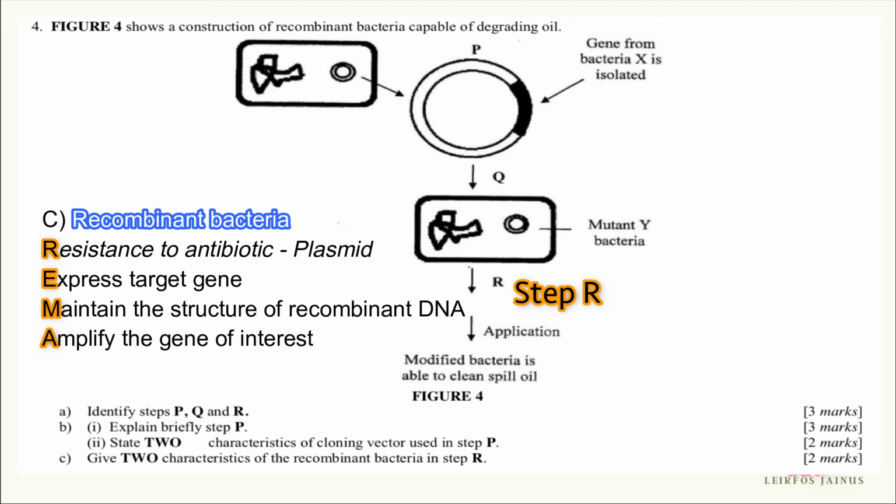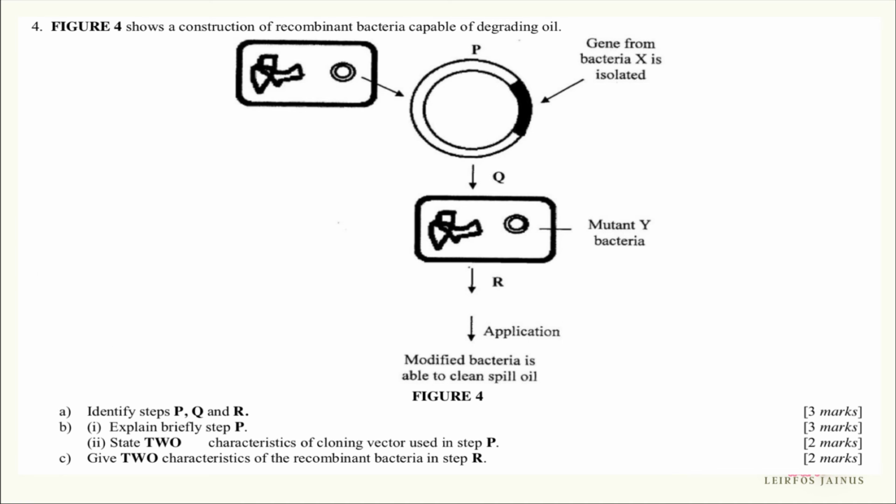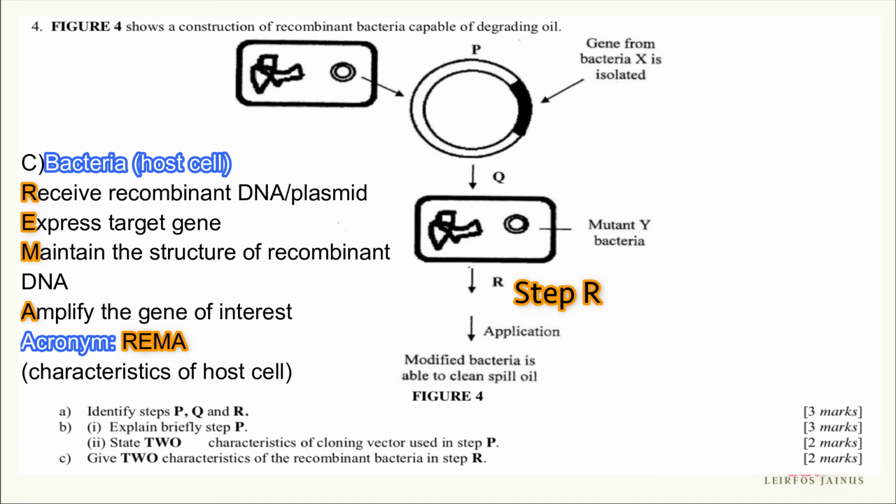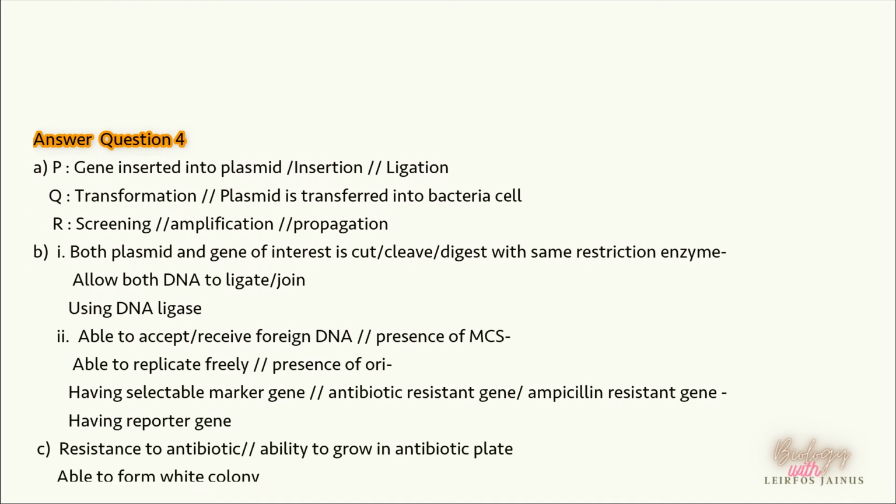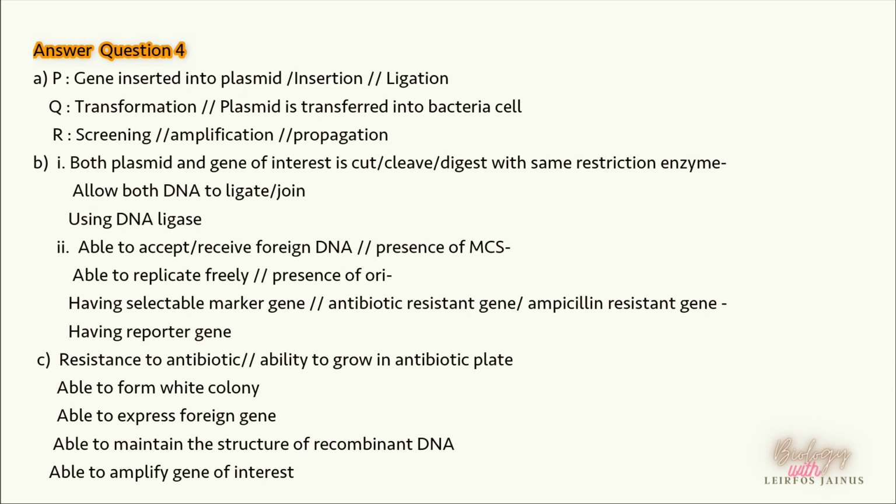Do not confuse the characteristics of the recombinant bacteria with the characteristics of the bacteria as a host cell. When the bacteria receive the recombinant plasmid, it now becomes recombinant bacteria. Please refer to the following suggested answer for your reference.